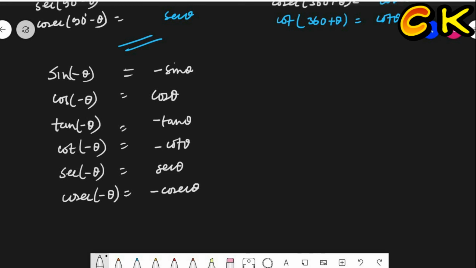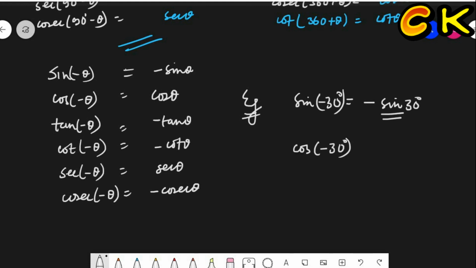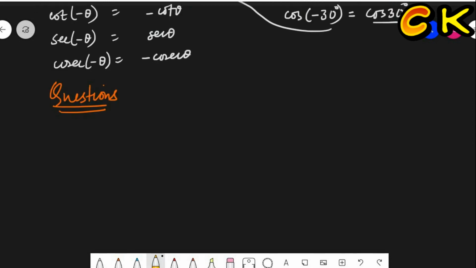This also you should remember. For example, if you are given sin minus 30 degree, then its answer will be minus sin 30 degree. If it is cos minus 30 degree, then you should remember it is only cos 30 degree by using the formula. Okay, let's see a few questions.